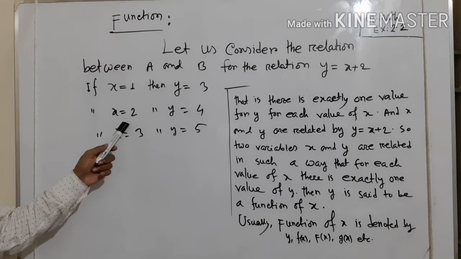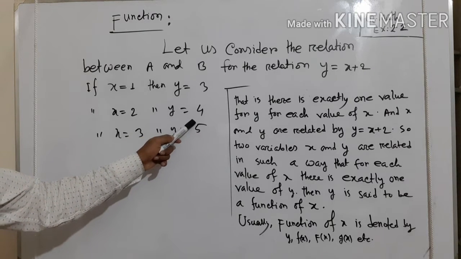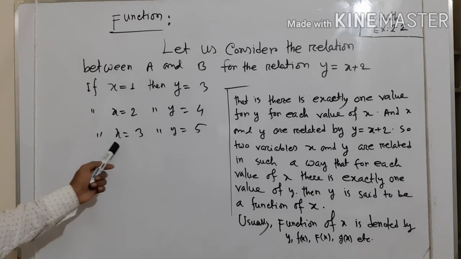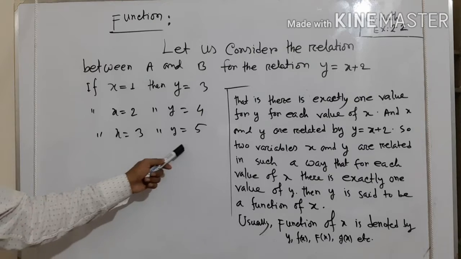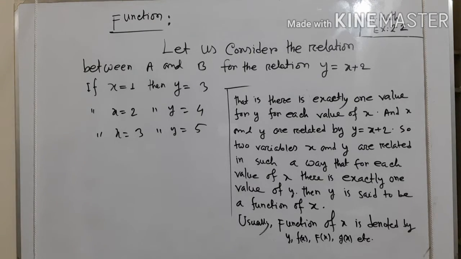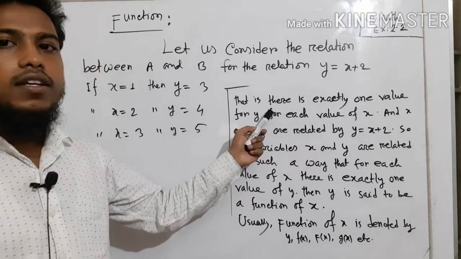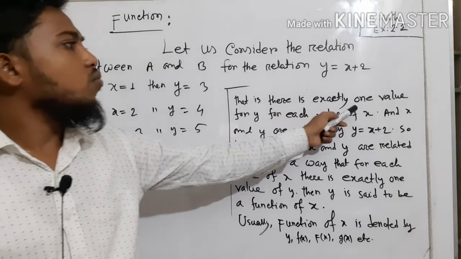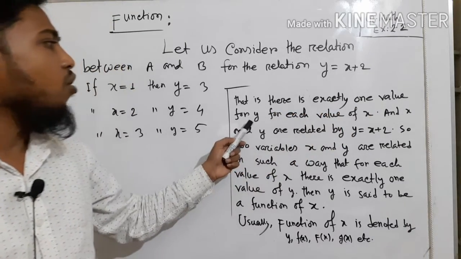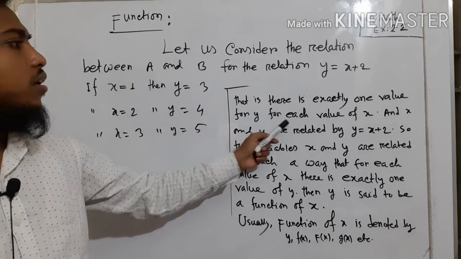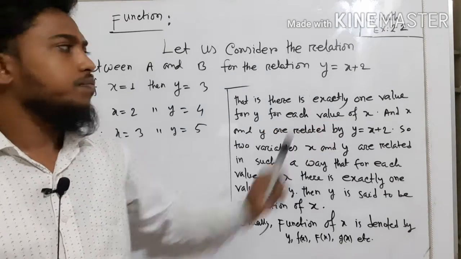If x equal to 2, then y equal to 4. And if we put x equal to 3, then y equal to 5. That is, there is exactly one value of y for each value of x.